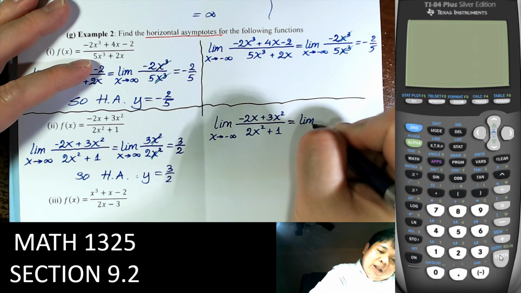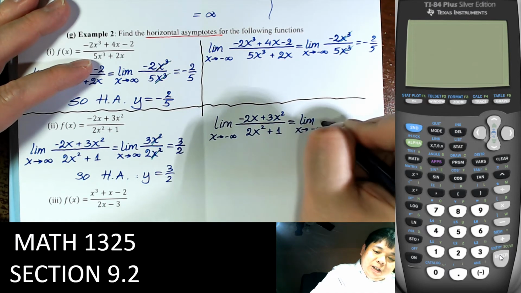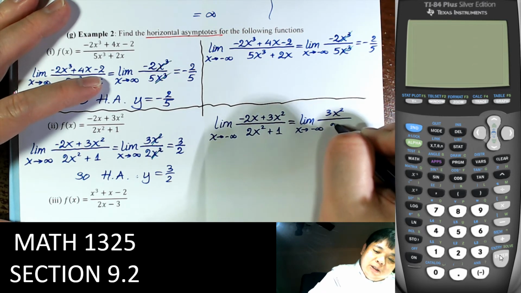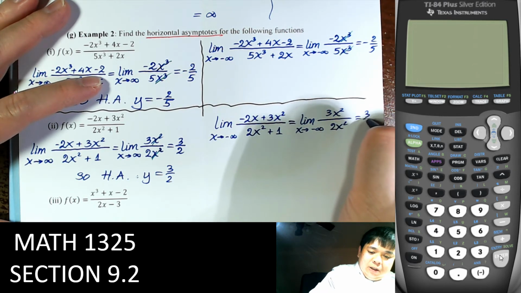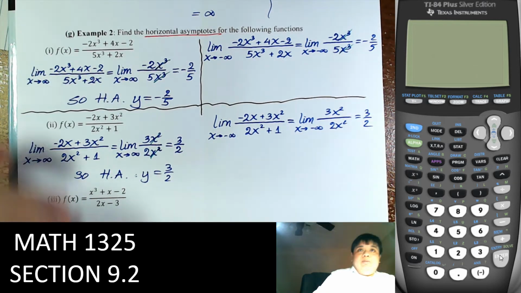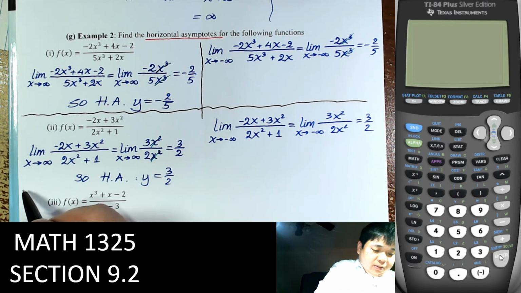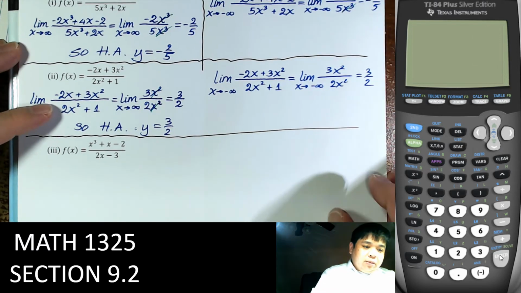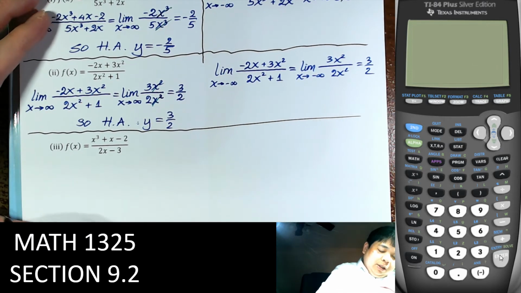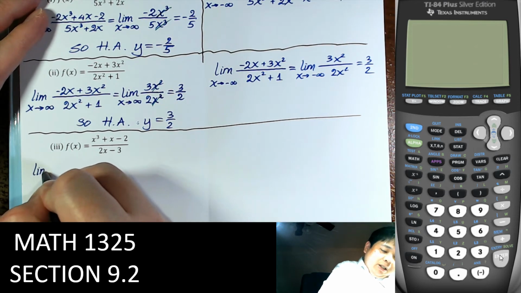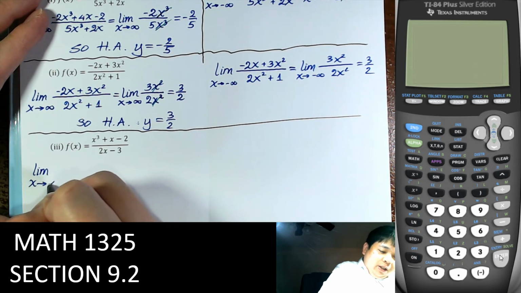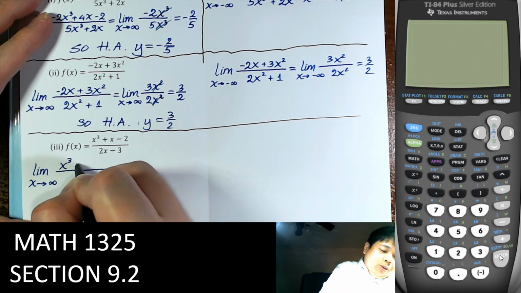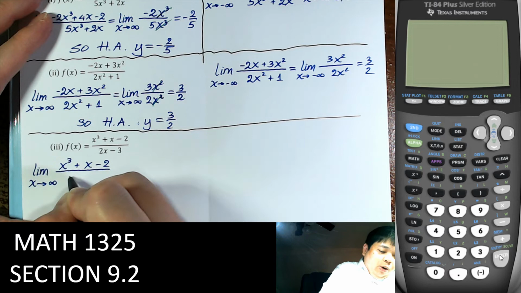Once again, we take the highest power term and that's the same thing, same horizontal asymptote. Right, for this one we take the limit as x goes to infinity of x cubed plus x minus 2 over 2x minus 3.